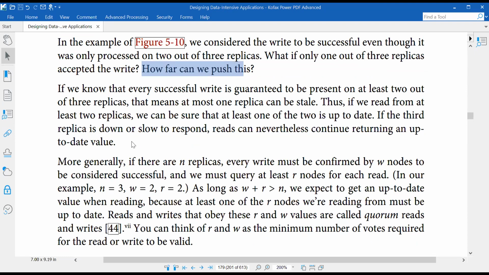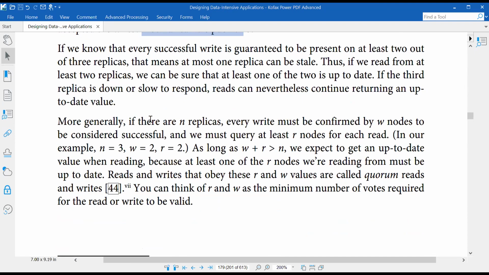More generally, if there are n replicas, every write must be confirmed by W nodes to be considered successful, and we must query at least R nodes for each read. In our example, n is equal to 3, the number of replicas.